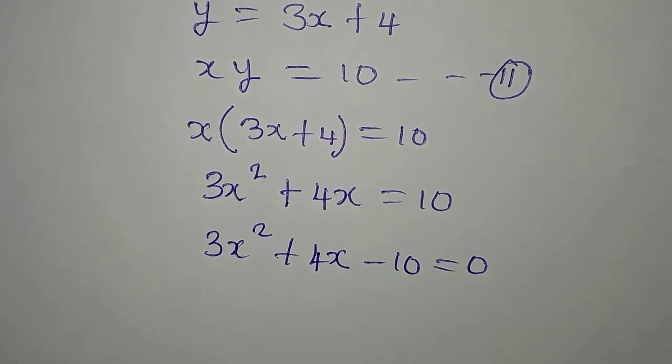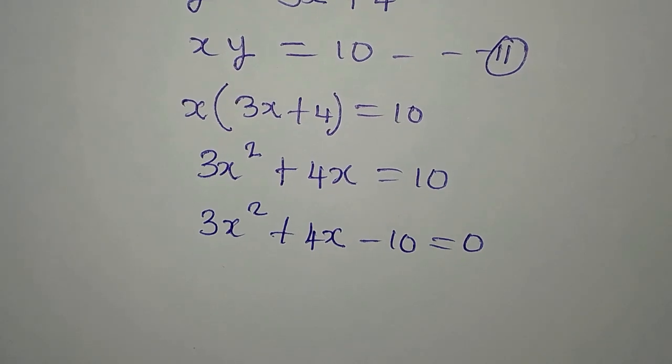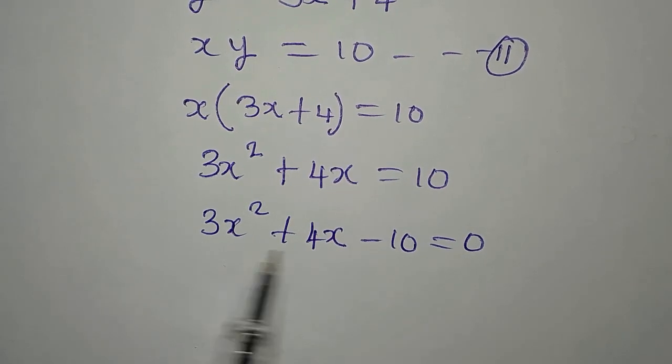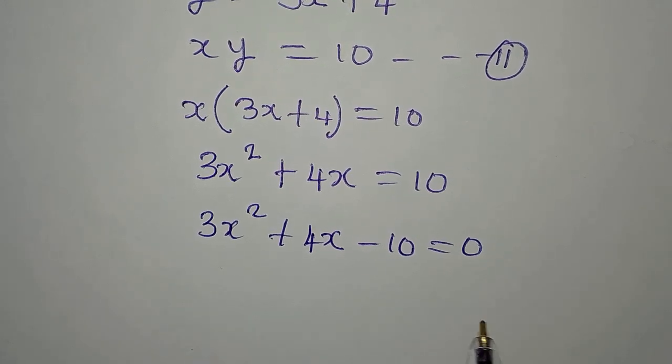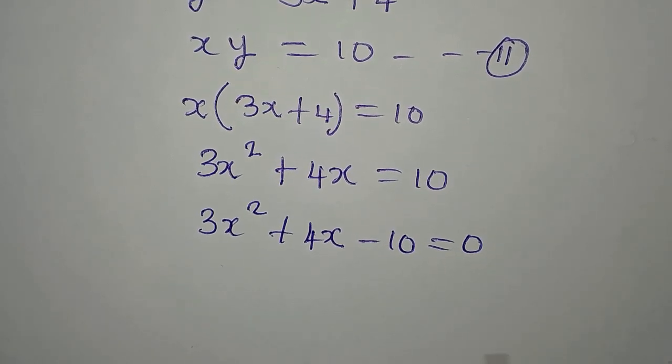And like I always tell my learners, if you have this, sometimes it's difficult to think about the factors, right? And sometimes it's even difficult to factorize, or it's impossible to factorize.